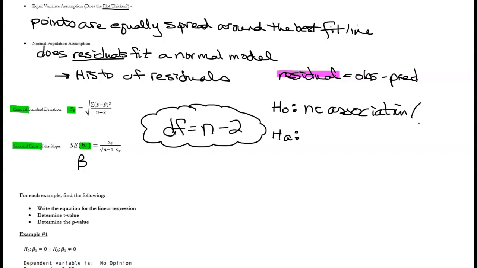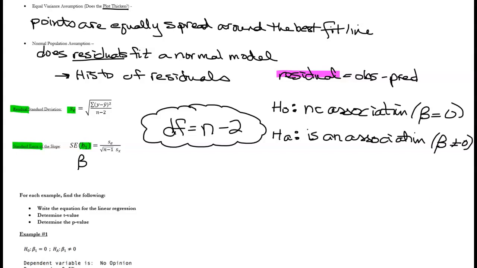The symbol you use is the slope is equal to 0, because no association would mean there's no slope. And then the alternative is that there is an association. You're going to see some that are greater than or less than, but not many. Most of them are just there is an association. Again, I apologize for this horrible handwriting.